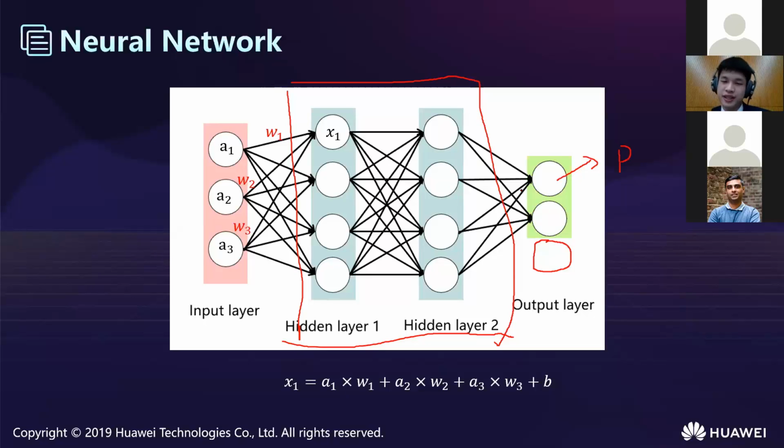So when we train the neural network, we use the probability to calculate the loss value. We talked about the loss value yesterday. We need to define a loss function. And when we do the prediction, we just choose the maximum probability. For example, 0.8, 0.1, 0.1.